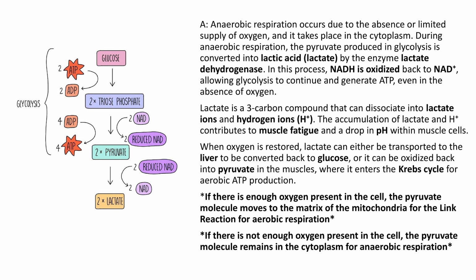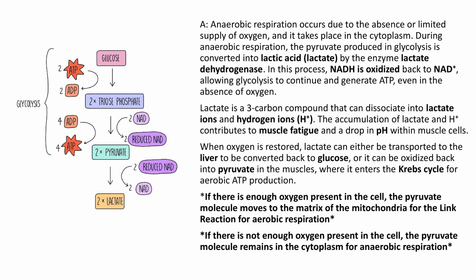So when oxygen is restored, lactate can either be transported to the liver to be converted back to glucose via the Cori cycle, or it can be oxidized back into pyruvate in the muscles, where it enters the Krebs cycle for aerobic ATP production.